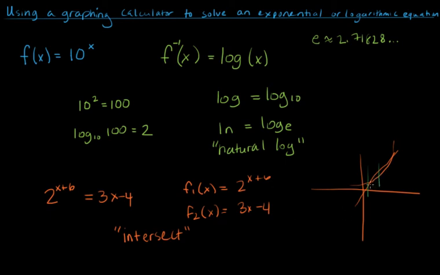Then you'll do the other one, because often these are going to cross in more than one place. So it would also cross here. You'll do a new lower bound and upper bound, and those will be the intersections. The intersections are the place where the two functions are equal, which is the way to solve the equation.